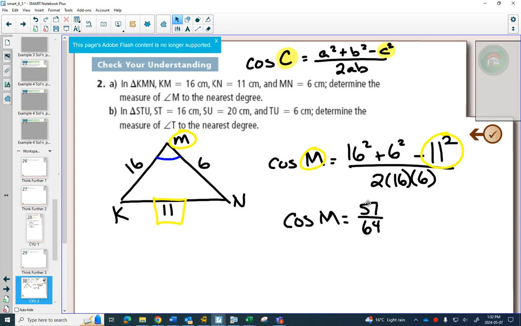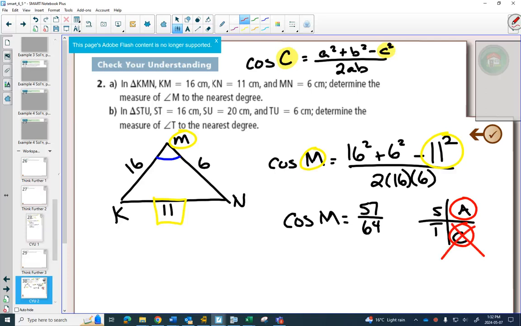According to our CAST rule, positive, it's in quadrant 1 or quadrant 4. Based on the situation, can you see that quadrant 4 is not necessary? Because if you got an angle that was bigger than 270 degrees, you couldn't fit that in a triangle.